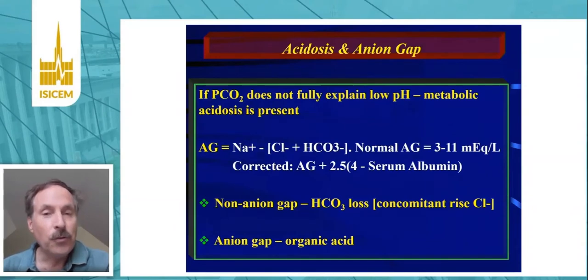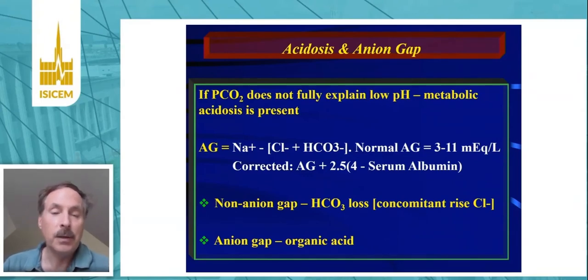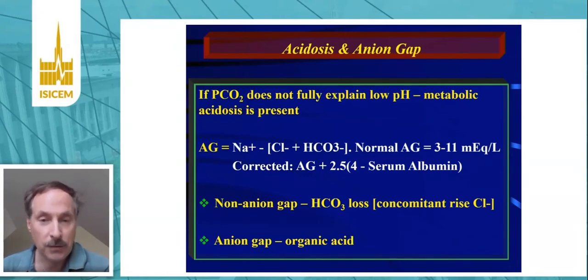If, again, the PCO2 does not fully explain a low pH, we have a metabolic acidosis that is concomitantly present or purely present. We then would like to know whether there is an anion gap, which is the difference between the positive ionic elements in plasma minus the negative ions.